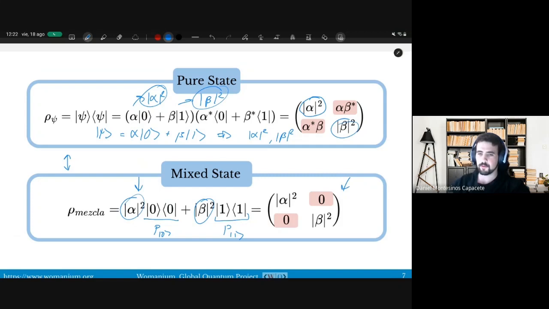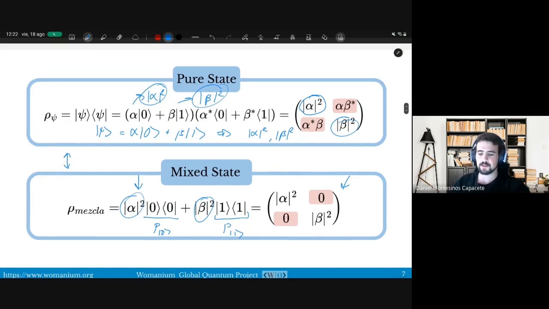So we need something more than just measuring the probabilities to be in either 0 or 1 in order to properly know the state of our qubit. Because if we just measure the probability to be in either 0 or 1, we cannot know for sure if we have a pure state or a mixed state.